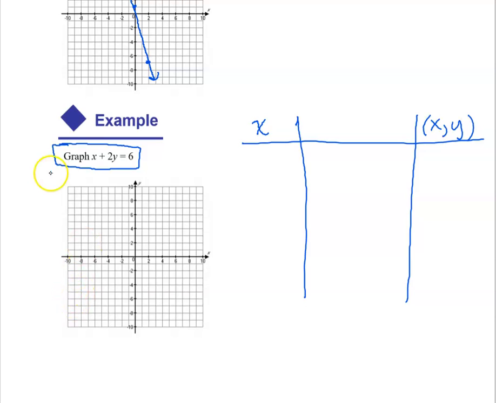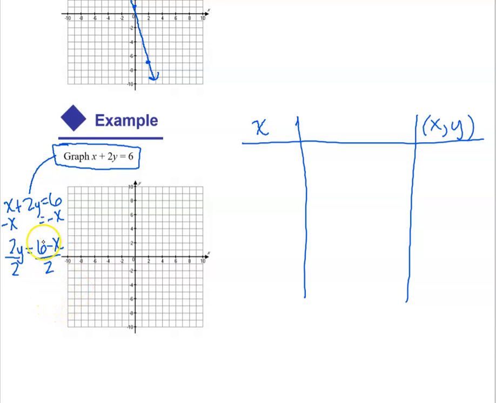And so I'm going to come over here and work with this for just a minute. So I've got x plus 2y equals 6. I want to get y by itself, and that's one of the reasons why in chapter 1 we worked with this so much. So I'm going to get rid of the x. So on this side, I'm just going to have 2y, and then I'm going to have 6 take away x, and then I need to divide everything by 2.